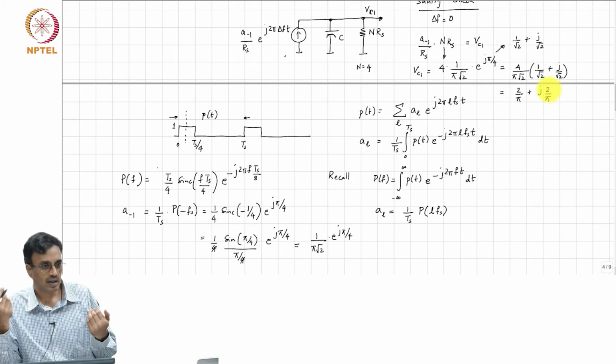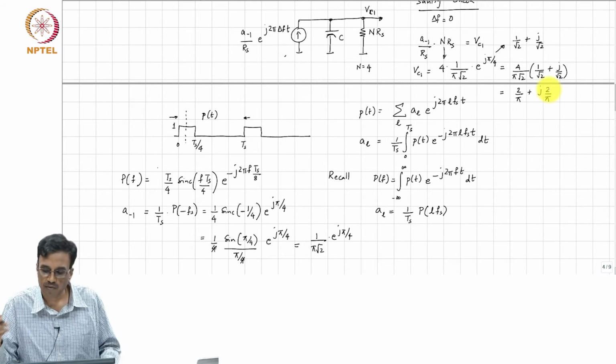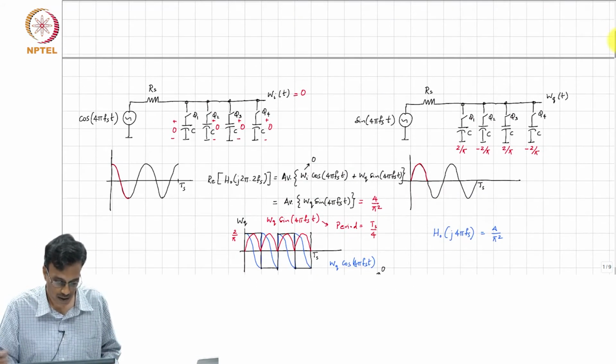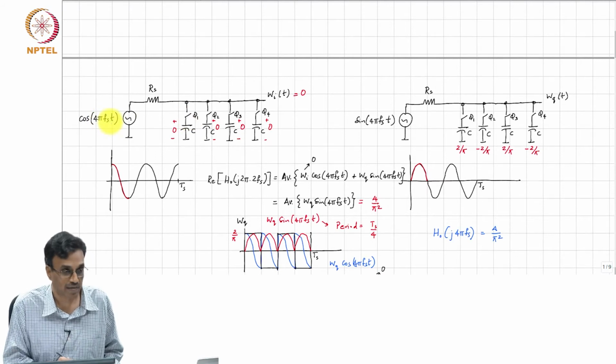When we put sine, the first capacitor would have, when we put cos or sine, right? What would be, if we put cos 2 pi Fs times t, what would be the voltage across this capacitor?